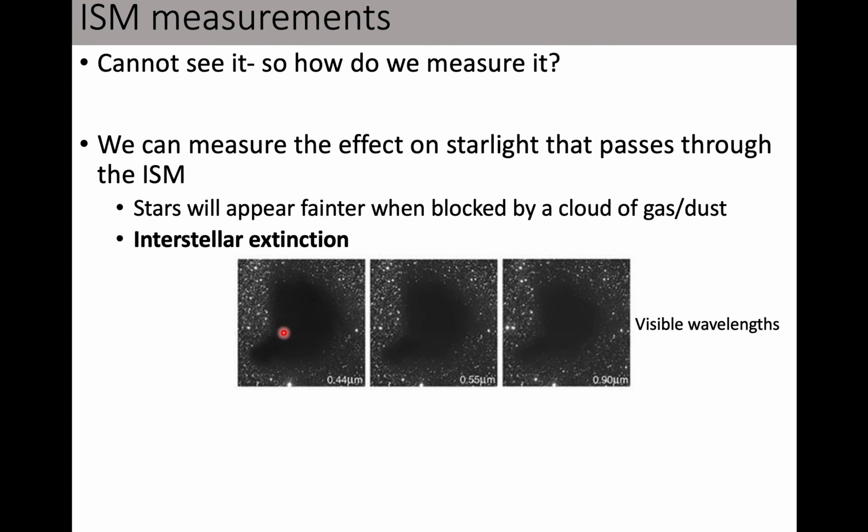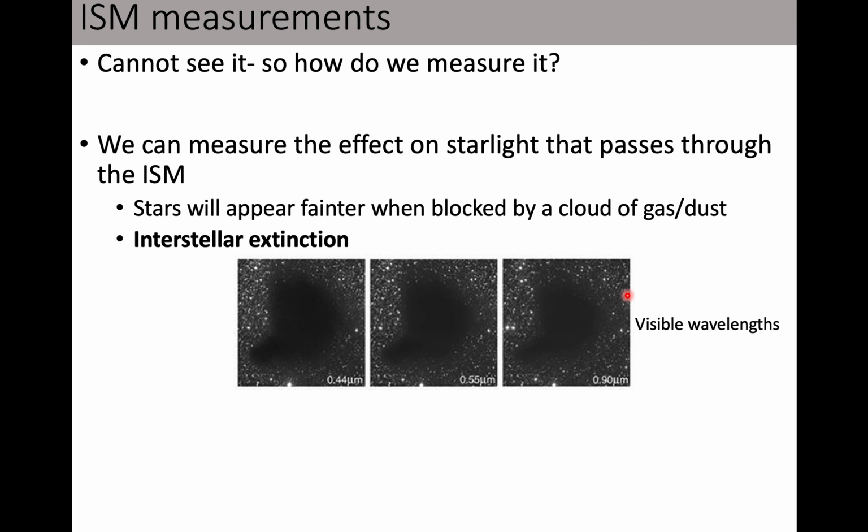That is actually interstellar medium right there. We're seeing a cloud of this interstellar medium blocking the light of the stars that are behind it. We call this interstellar extinction, where we see the ISM by actually observing the darkness that it's causing. We're only observing that it's blocking something else. We can't actually see the ISM itself.